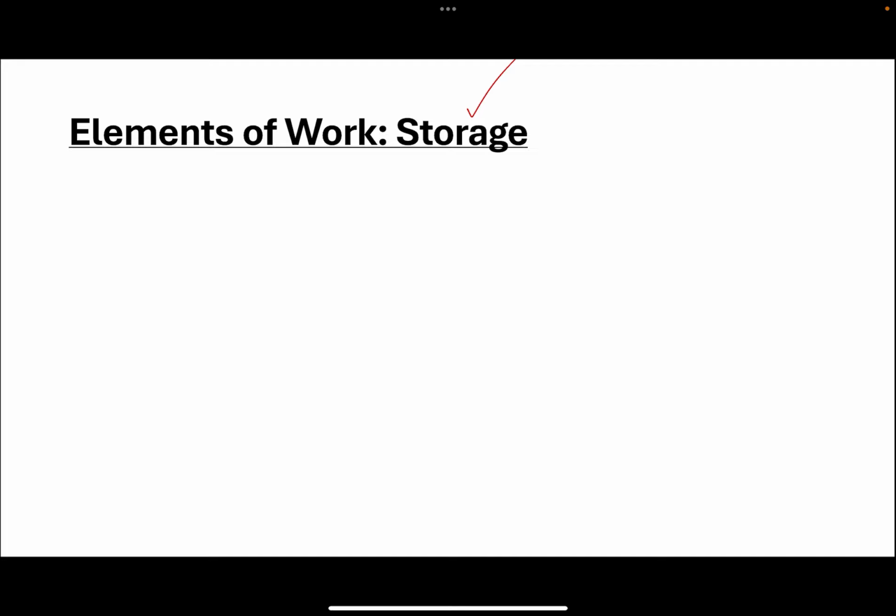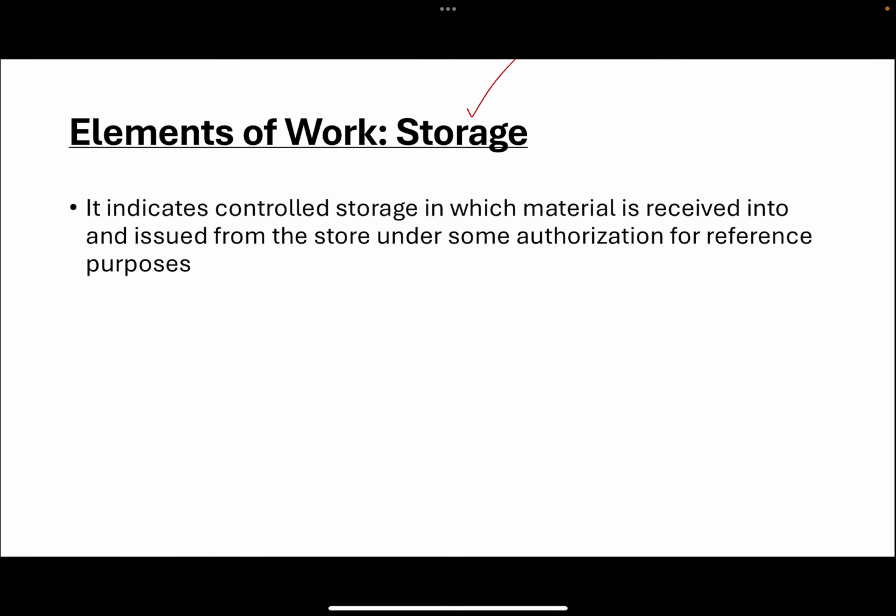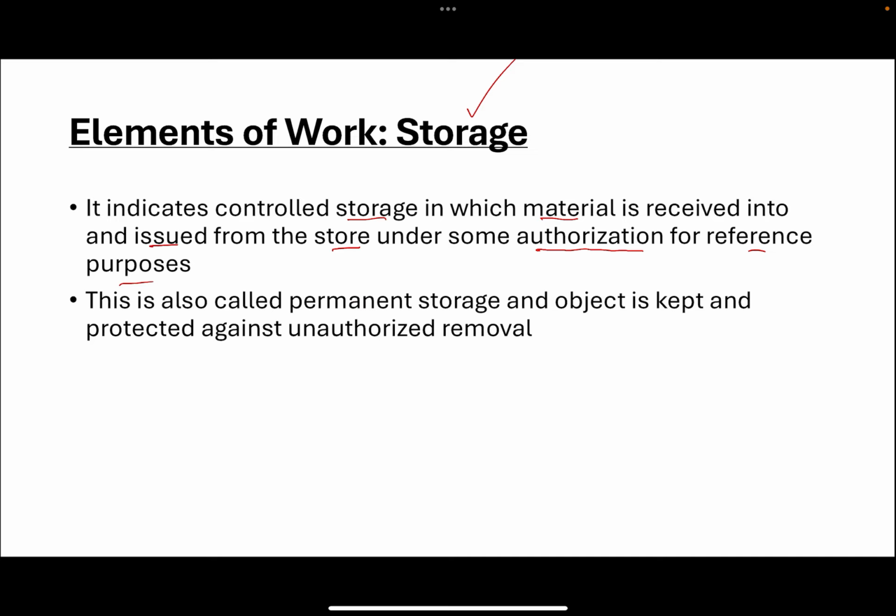Then you have the storage element of work. Okay, so it indicates controlled storage in which material is received into and issued from the store under some authorization for reference purposes. So this is also called permanent storage, and the object is kept and protected against unauthorized removal.